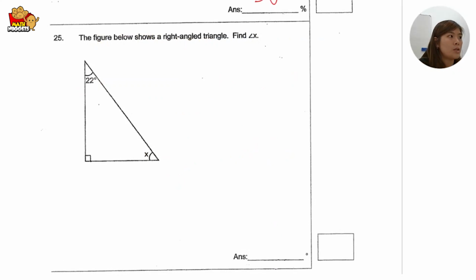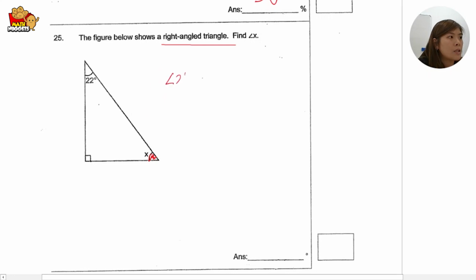Next, for the next question, the keyword here is right angle triangle. What they want you to find is this angle x.